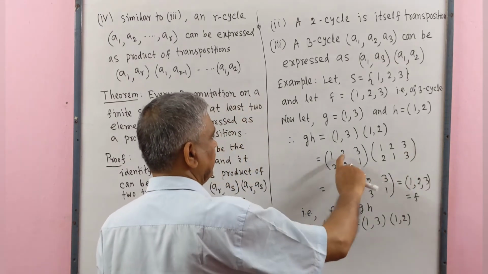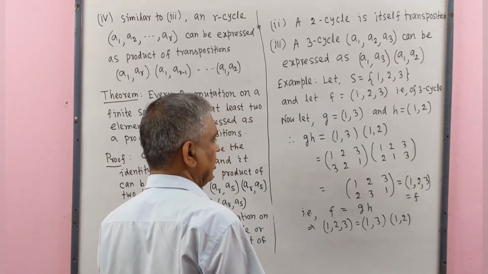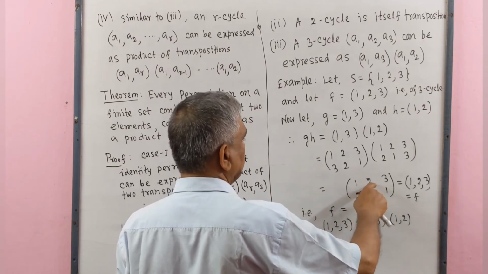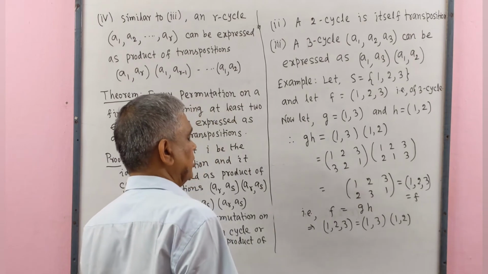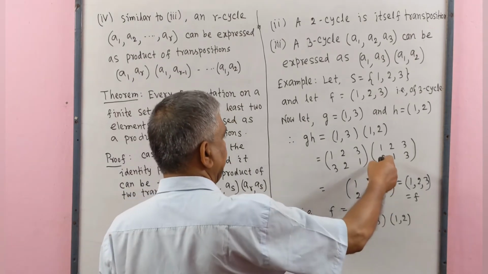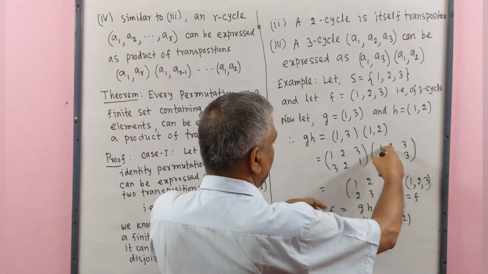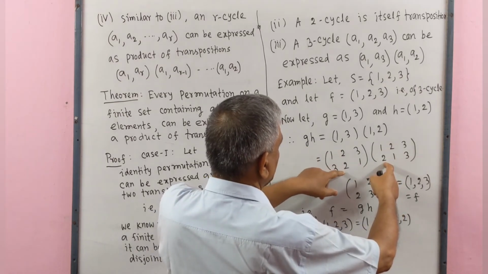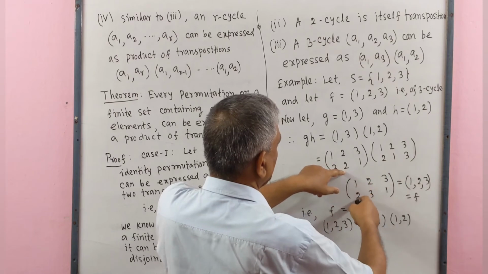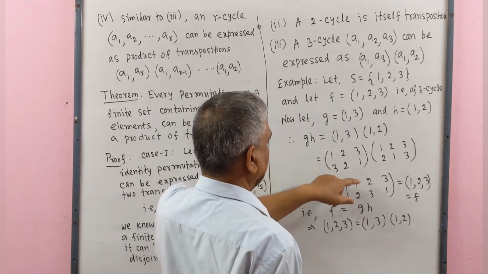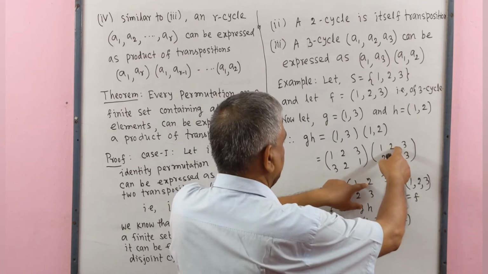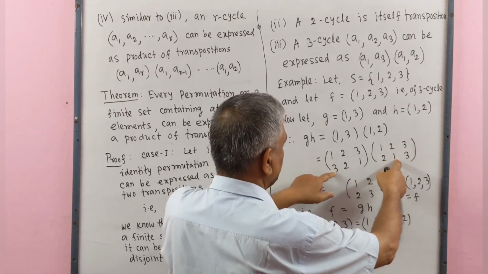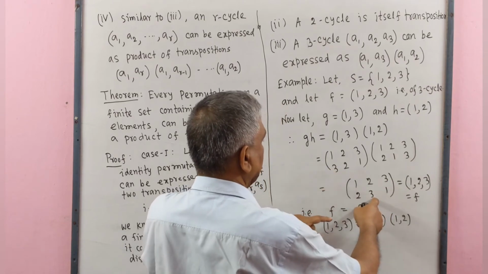Now we multiply these two permutations. Firstly we write 1, 2, 3 and we take here image of 1 is 2 and image of 2 is 2. So we write 2 under 1. Next 2. Here image of 2 is 1 and image of 1 is 3. So here we write 3.